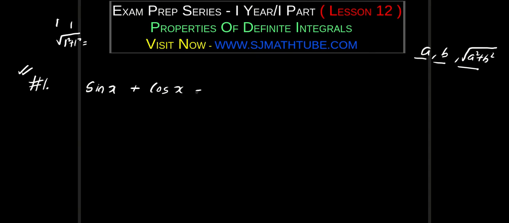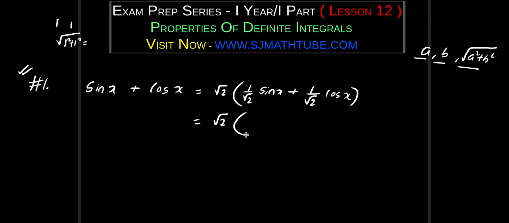Now what I do is I am going to multiply and divide by root 2, so that I end up with something like this. Anyway, this 1 by root 2 is a special number, and I'm sure that most of you know how to convert this 1 by root 2 into sine and cos.